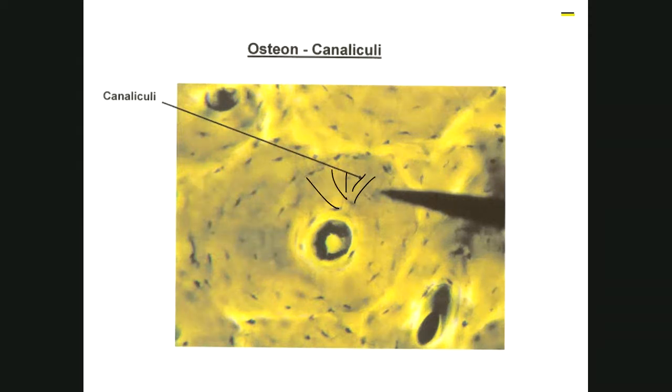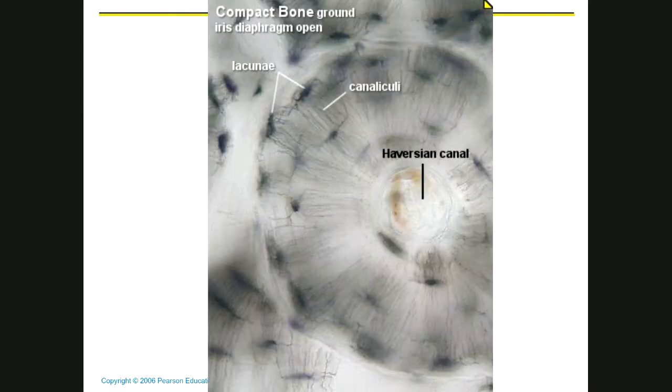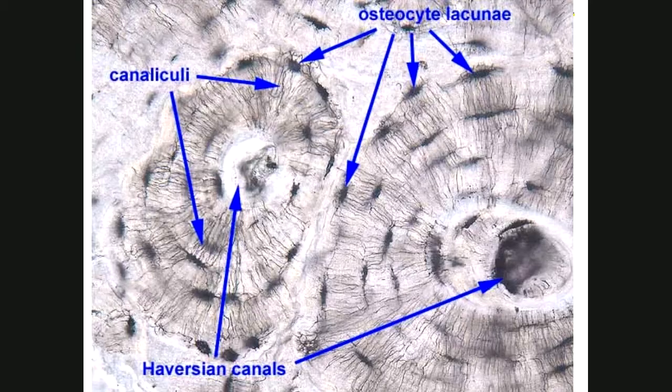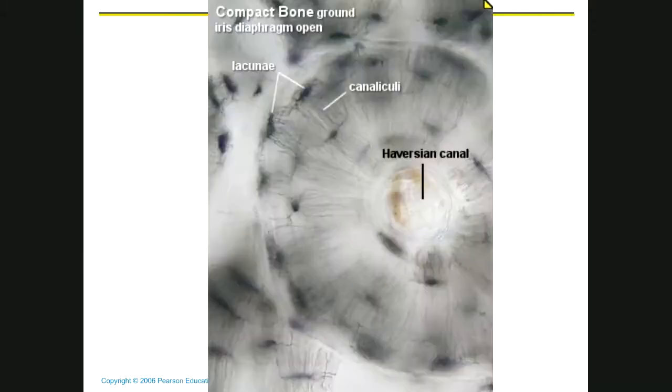Those are the canaliculi. An easier place to see it is here, but that's what these are. These are those canaliculi. They look like this. You can also see them here. Not quite as well, but there they are right there as well. And here, these are the canaliculi.